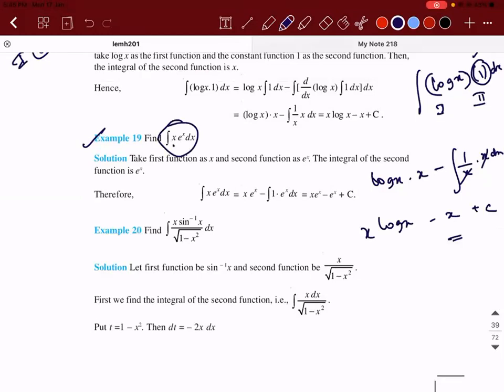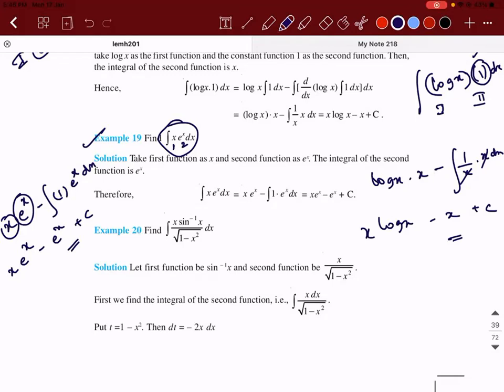So isolate: the algebraic is first, e power x is second. So first function into integral of second function e power x, minus integral of derivative of first function into integral of second function dx. So x e power x minus e power x plus c. Correct?